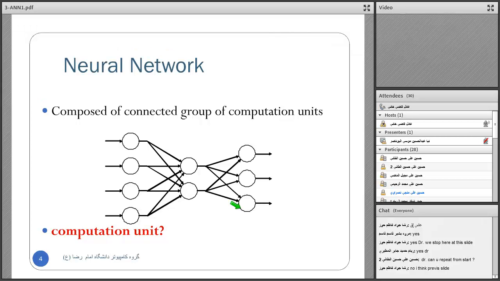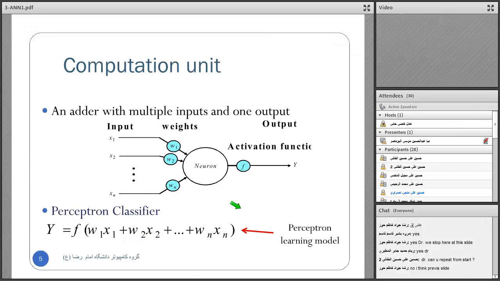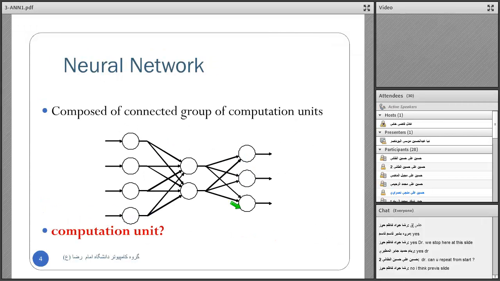We have some computation units that are connected to each other. So what is each of these computation units? What is the structure of each computation unit?